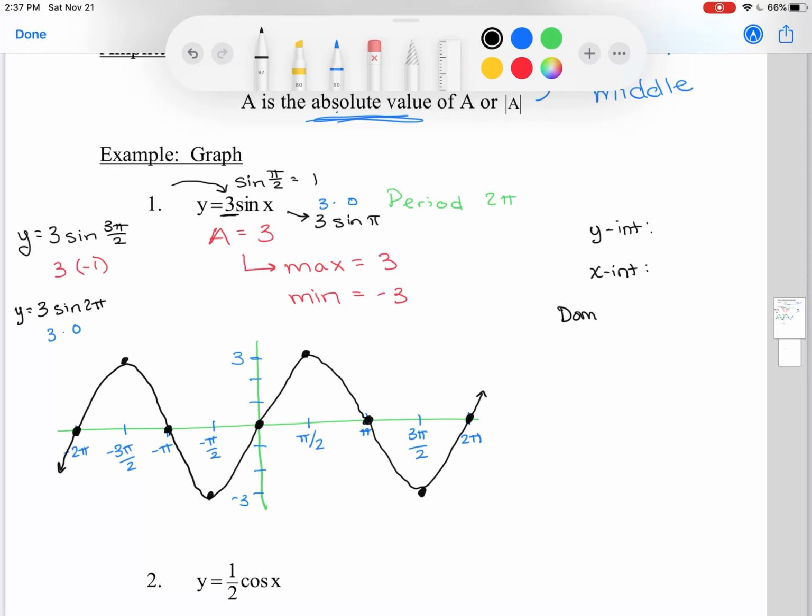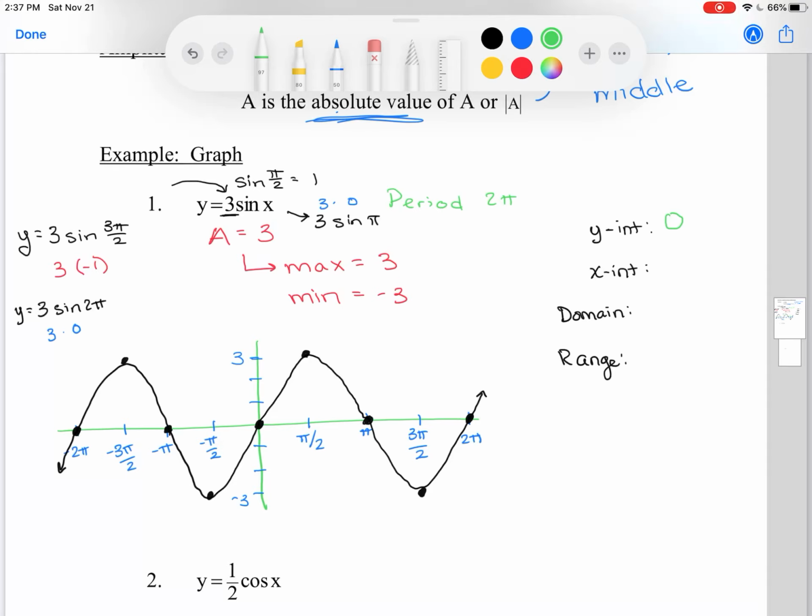So now let's talk about the properties of this function. And the main properties I'm concerned about are our y-intercept, my x-intercept, my domain, and my range.